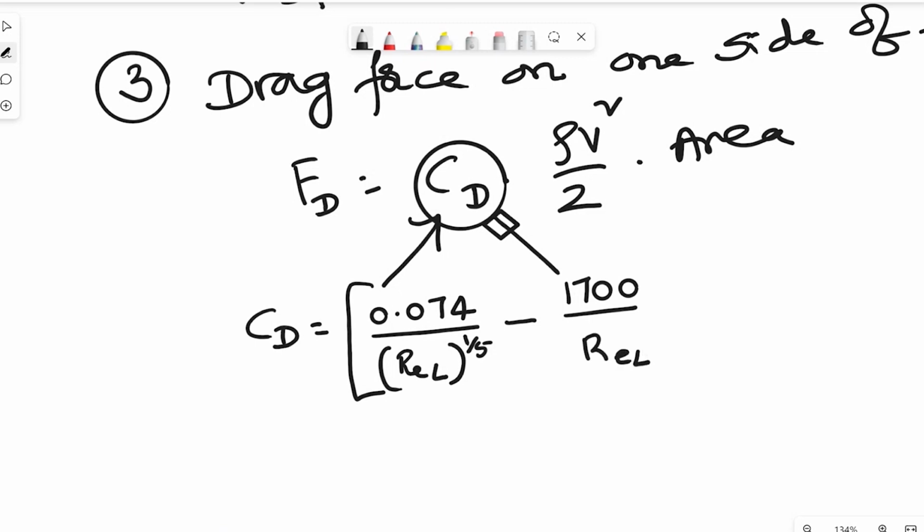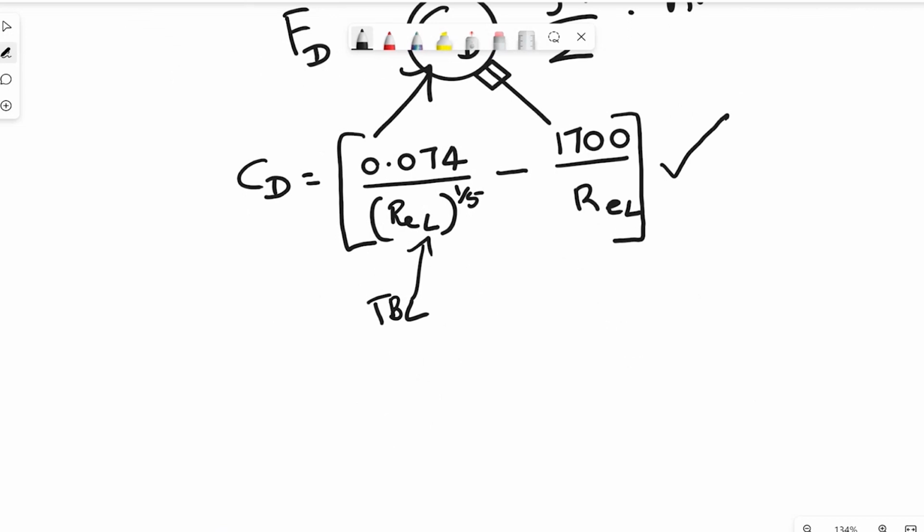This is one of the important things that you should remember. The second term accounts for the laminar boundary layer, and the first term is for the whole boundary layer being turbulent. Using this, you can calculate the drag force. So remember, if both boundary layers are formed on the plate, you can use this and complete your calculations.